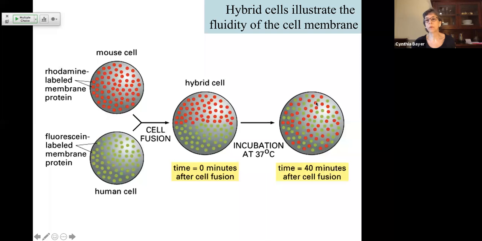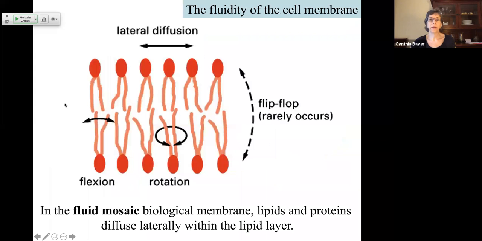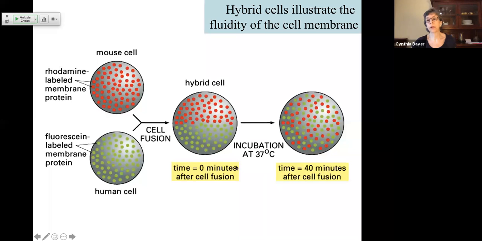They have now moved within the lipid bilayer and spread out amongst that cell. So as well as the phospholipids moving within one of the layers of the lipid bilayer, the proteins that are embedded within that lipid bilayer can move as well. They can move laterally, and that's going to be important.